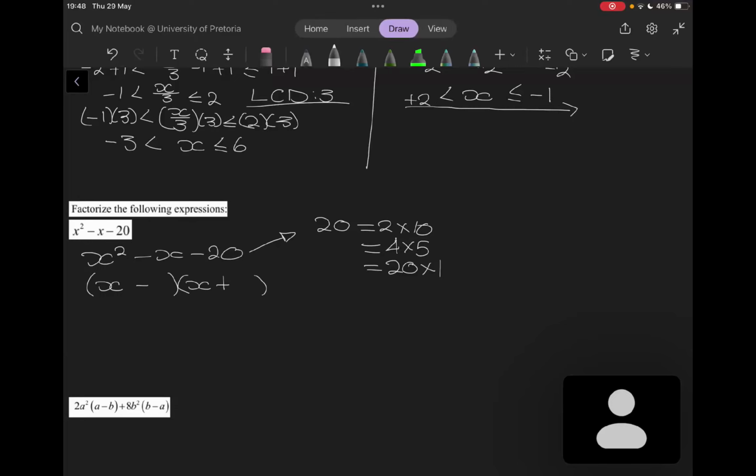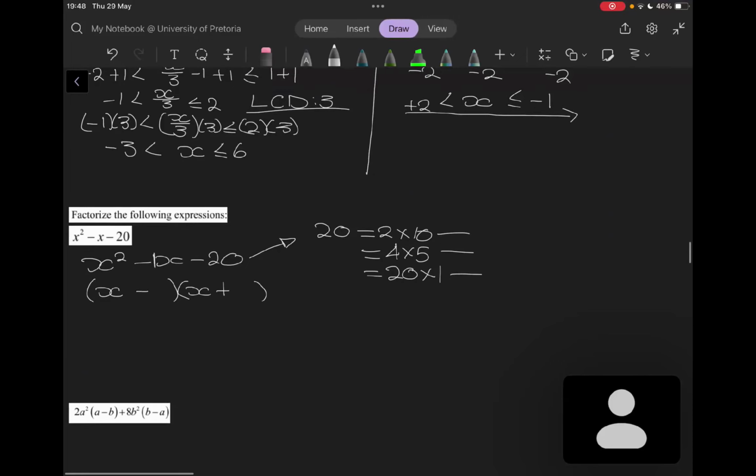And now, based off these three, the only one that we can use that'll end up with us having a negative 1x over here would be the 4 and 5, right? So we put our 5 over here and our 4 over there, and that's essentially how we factorize. We know the 5 is going to get the negative because this over here is a negative 1x.